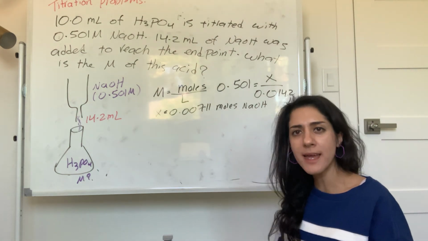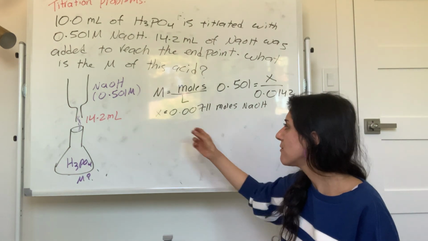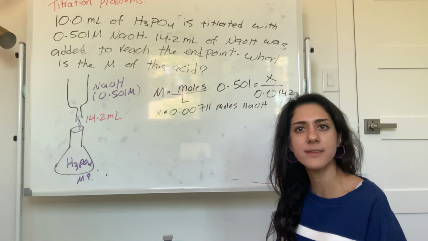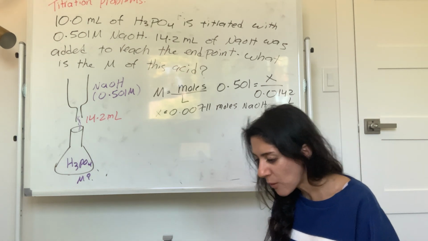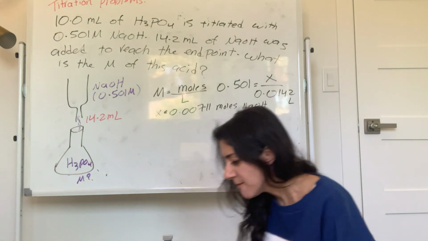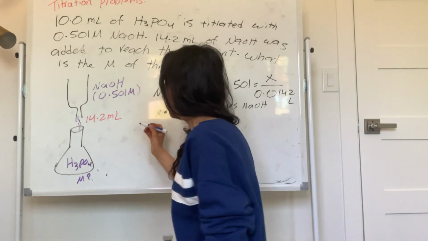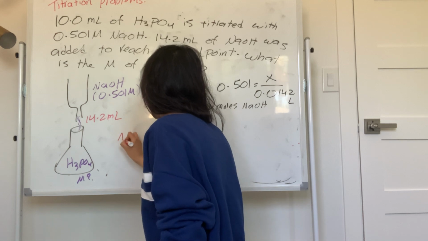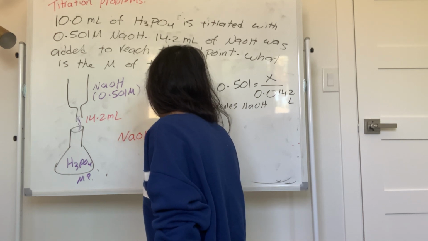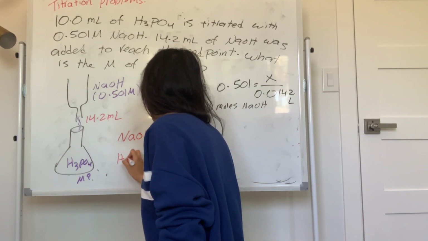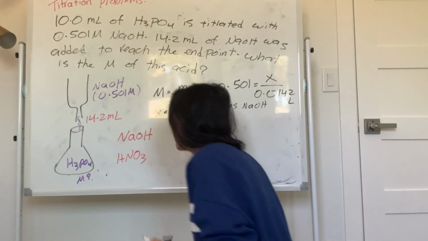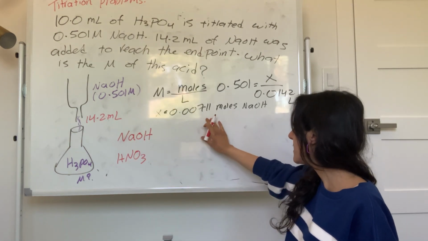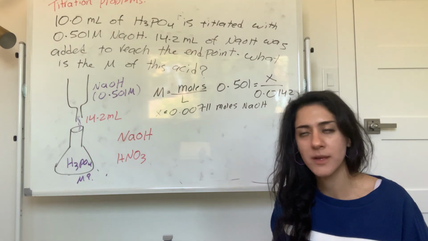This number will be the same because for every NaOH, you would neutralize one acid. Now, what's going on here? We've done this before. So I want to reiterate what I just said. I said, if this was HNO3, we would be done. This would be the same number of the acid.